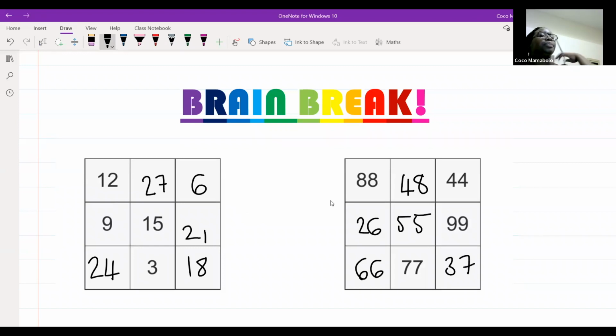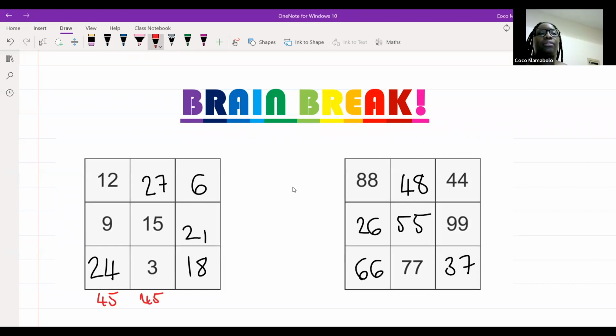Now, for those of you who are a little confused, we need to make sure that all the numbers adding up in one direction and in the other direction, in all the directions add up to the same number. So now if we add up over here, 12 plus 9 is 21, plus 24 will give us 45. Okay, 27 plus 15 is 42, plus 3 is 45.